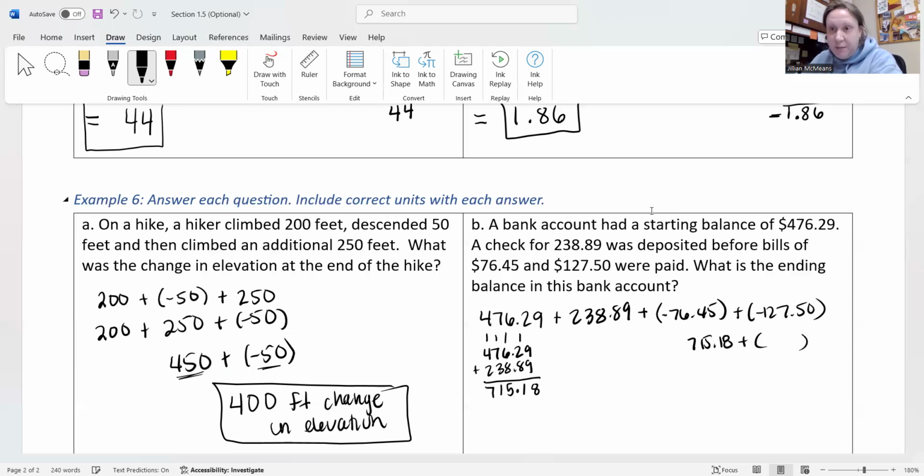Now I'm going to add up the total of those two bills, which are both negative. So I have 76.45 plus 127.50.